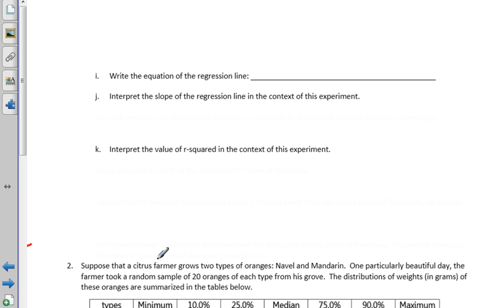So the question is, what is the equation of the regression line? To do that, we're going to look at the top two numbers right there. So it's going to be y hat, meaning a predicted y, equals, what's our slope? 15.2. How do we know that one's the slope?